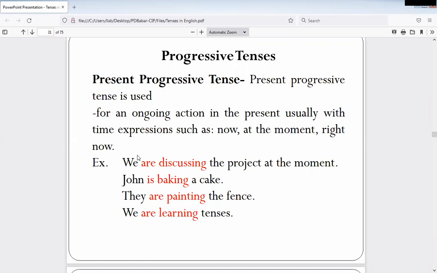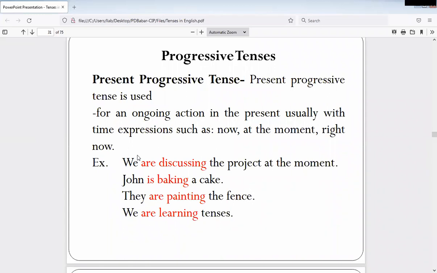We use the present progressive tense for an ongoing action in the present, usually with time expressions such as now, at the moment, right now.